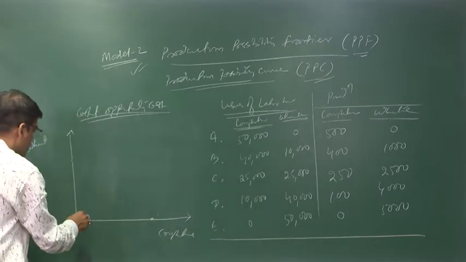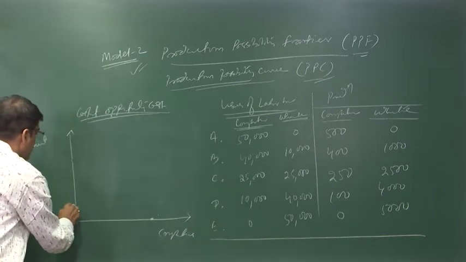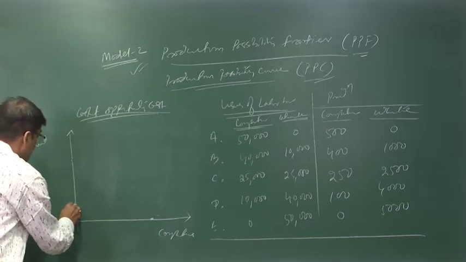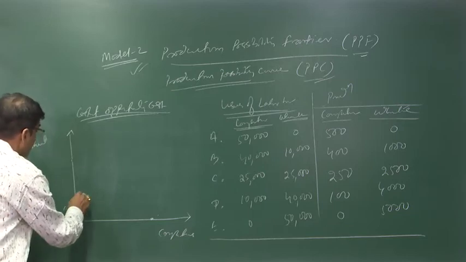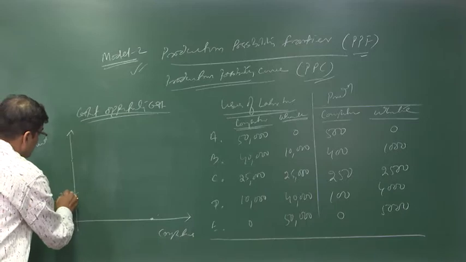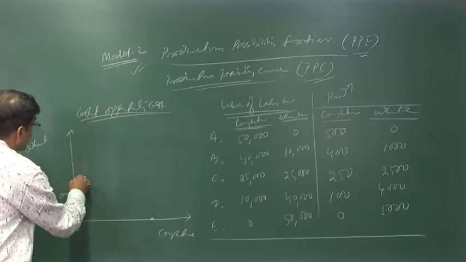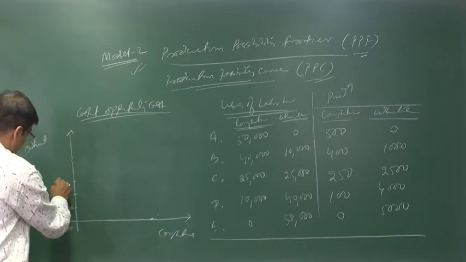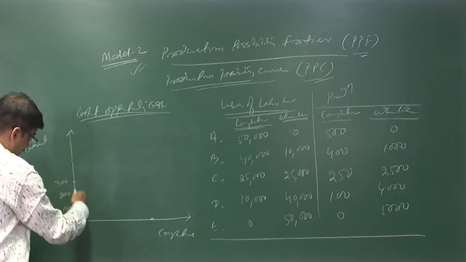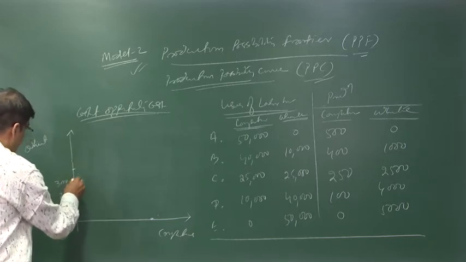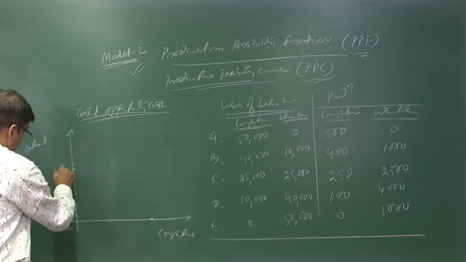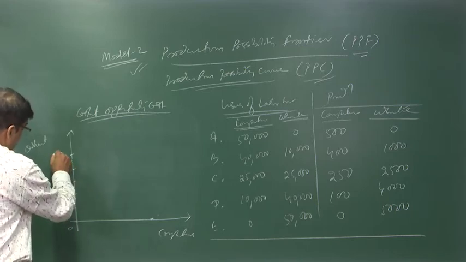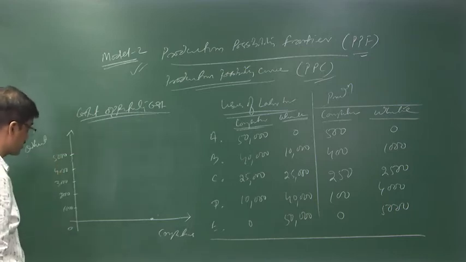Let us say the wheat is 0 here, then take this point as 1000, this point as 2000, this point as 3000, because each square is 1000 units of wheat production, then 4000, and 5000 units of wheat production.